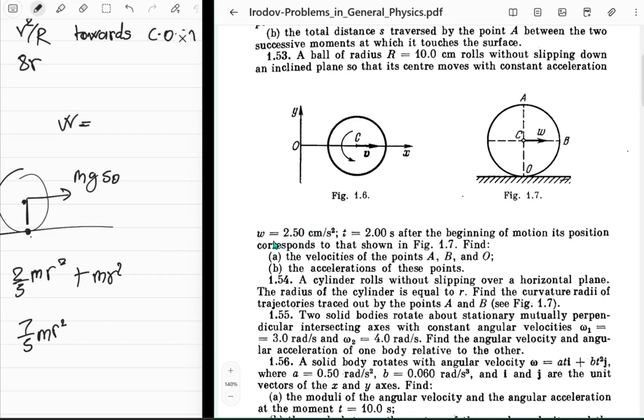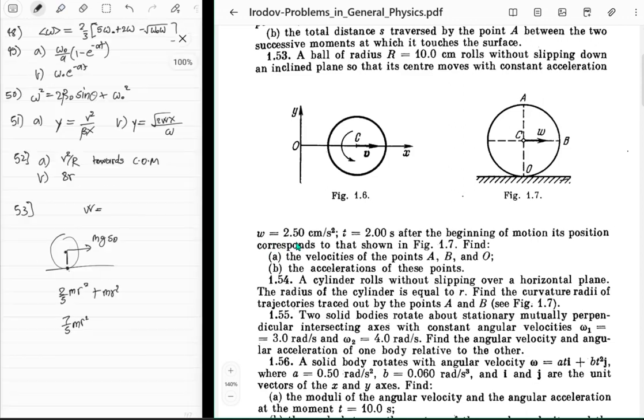Because they didn't tell us what gravitation is right now. It could be that g is a variable at this point. So you will just have to use this and not the normal way. Okay, so acceleration times time is the velocity. It's just 5 centimeter per second. That's how fast it's moving at that point.